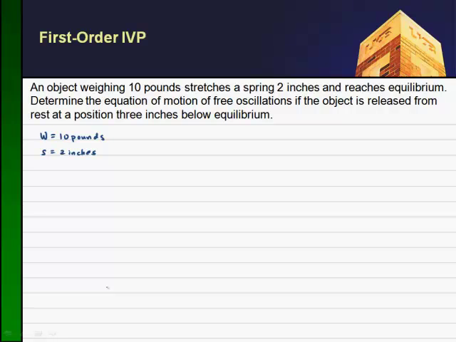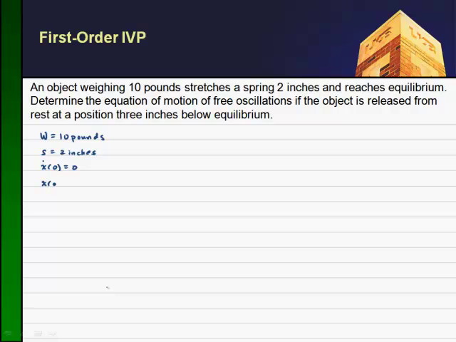Then it reaches equilibrium. So we want to determine the equation of motion if the object is released from rest. Being released from rest just means that your initial velocity is 0, and the position it's released from is 3 inches below equilibrium.